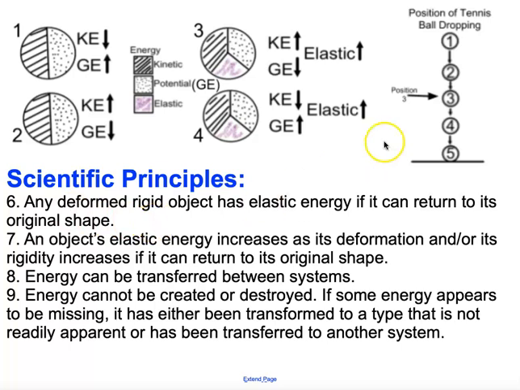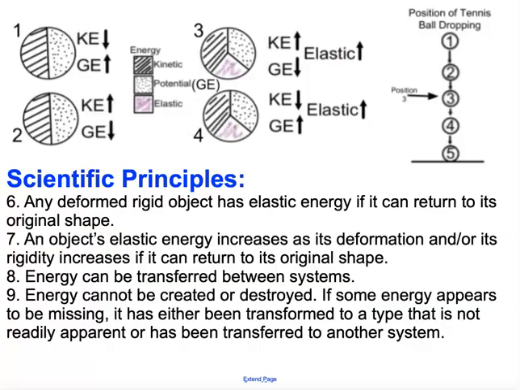Then you want to add, because the tennis ball at position 3 has not yet hit the ground, it is not deformed, so it has no elastic energy. So if you missed that, rewind the video, listen to it again, type it out.